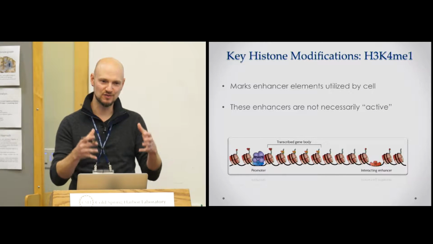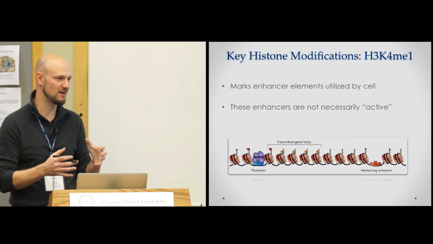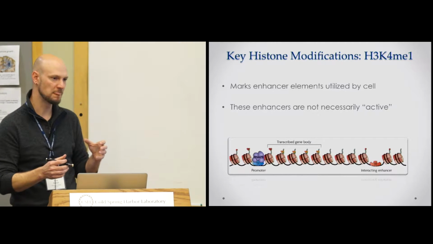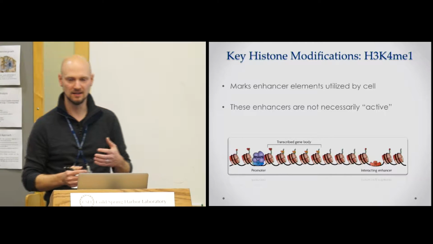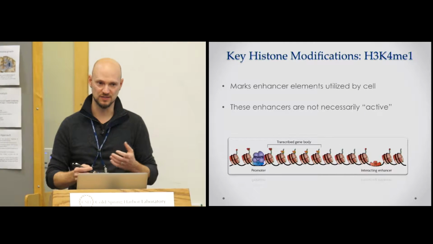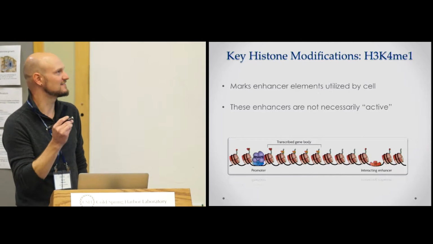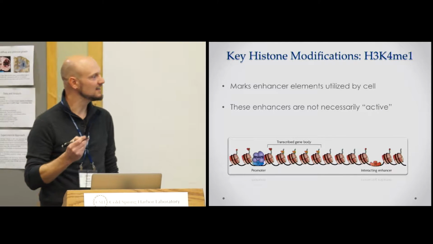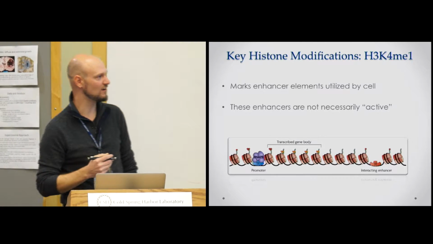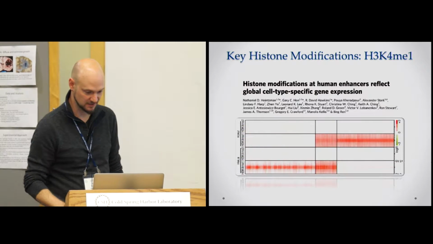And so in your cell type or tissue type of interest, you may be very interested in finding where enhancer elements are being utilized by that cell or tissue type, telling you something about transcriptional regulation in your system of interest. But again, they don't mark all the enhancers in the genome that you're working in, and as we'll come back to in a minute, we don't think they're all necessarily active enhancers.